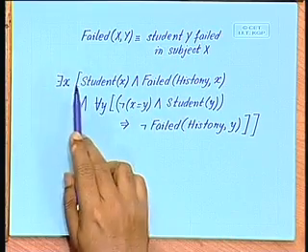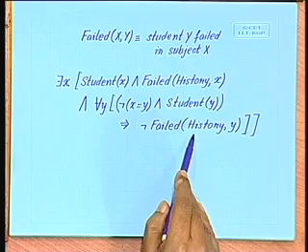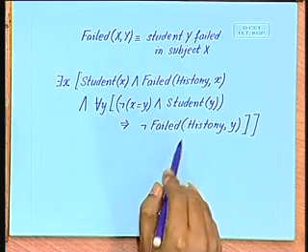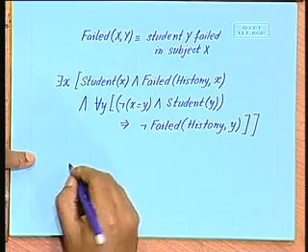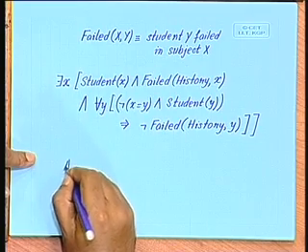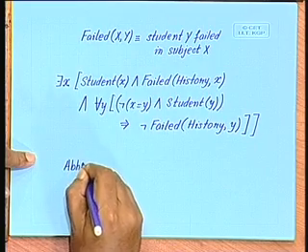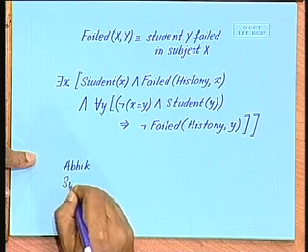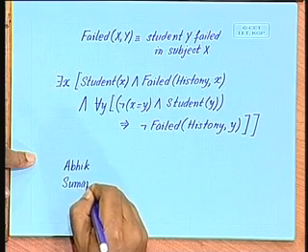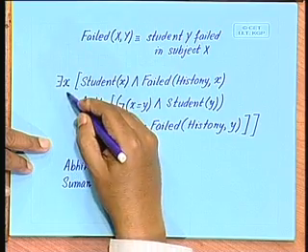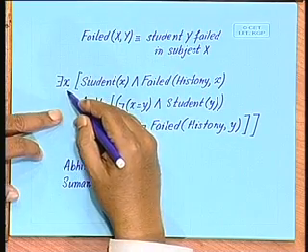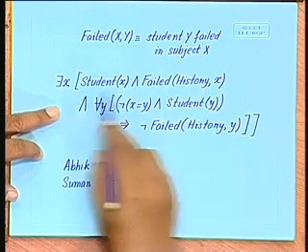See, if there is more than one person who failed in history, then this is going to fail, because suppose, let us say, that Abhik and Suman failed in history, right. Then when you instantiate x to Abhik, then this part is fine.